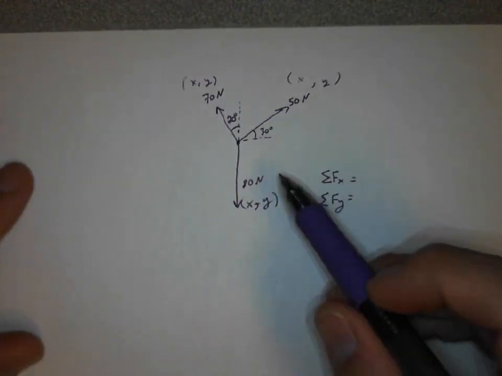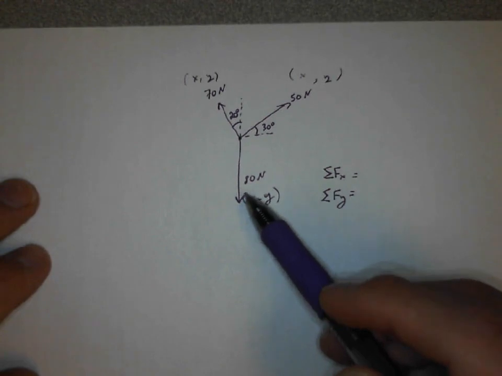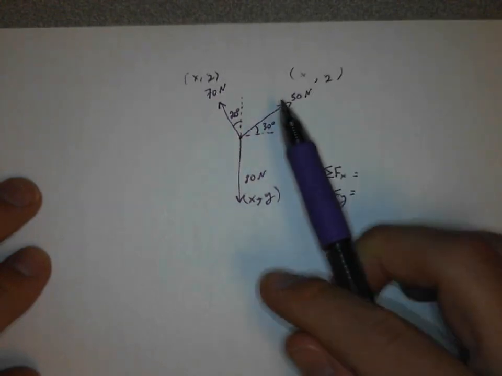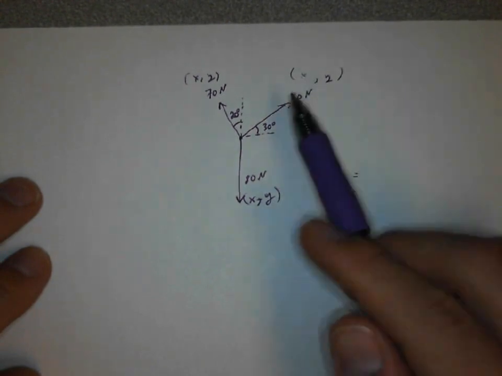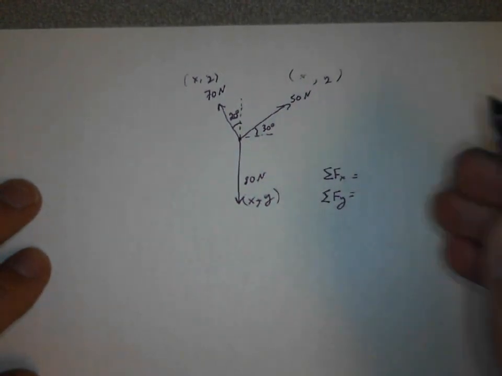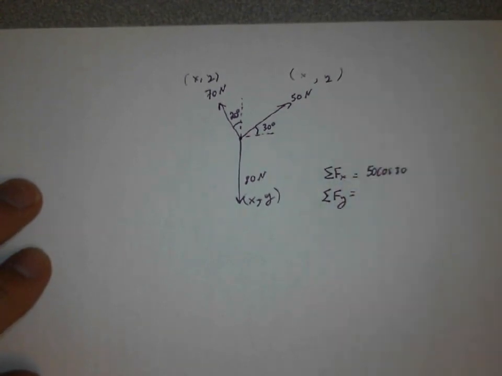Okay, so when we look here, sum of the force in the x, this 80 going down, there is nothing going in the x direction. So that's just 0. We don't have that part. There is no x component to that vector. Here I look at this vector though. I have 50 newtons going at a 30-degree angle to the right. So that comes out as 50 cosine 30 for my x side.